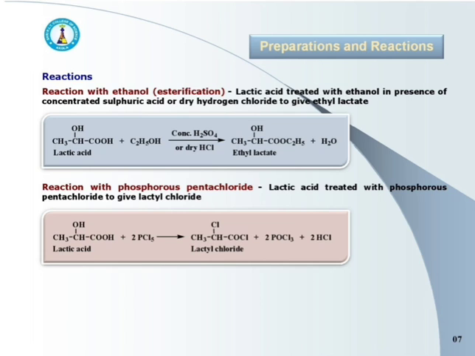During this reaction, phosphorus pentachloride is converted to phosphorus oxychloride. Also during the reaction, there is an elimination of HCl.